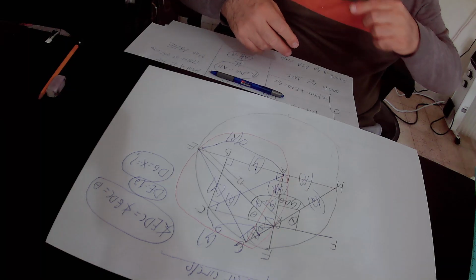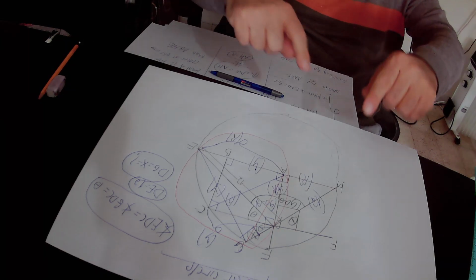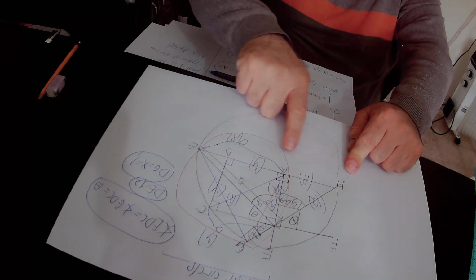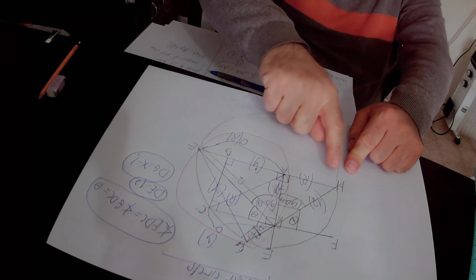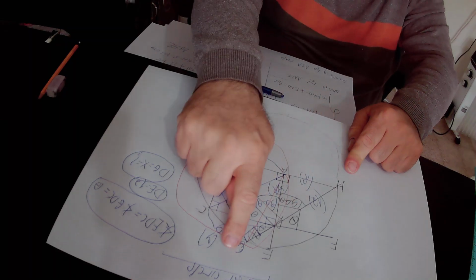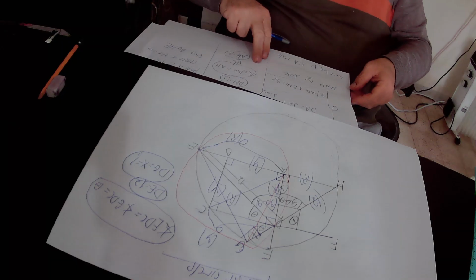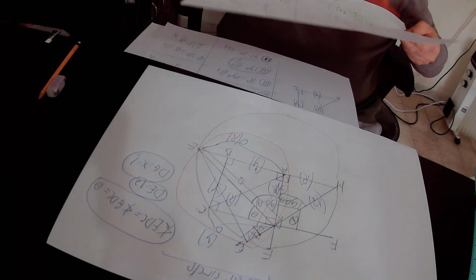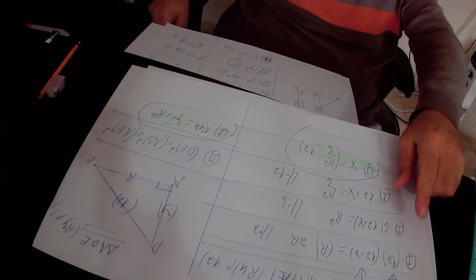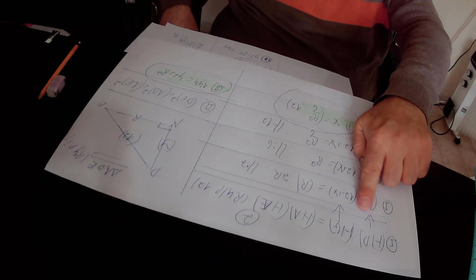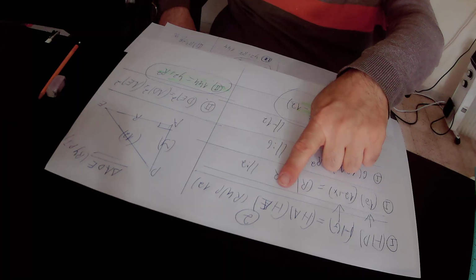According to rule 12, the following equation is true: that edge D times edge G equals edge A times edge E.